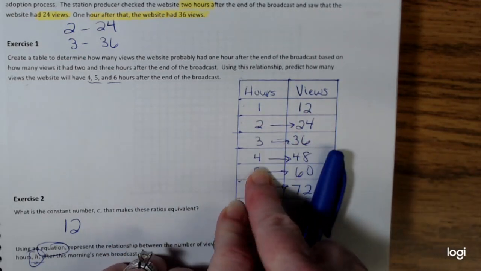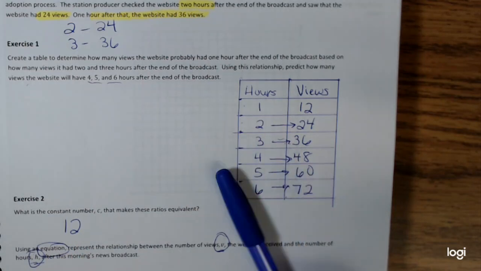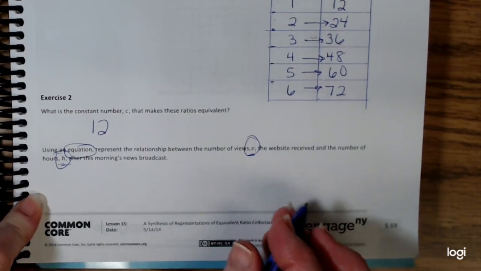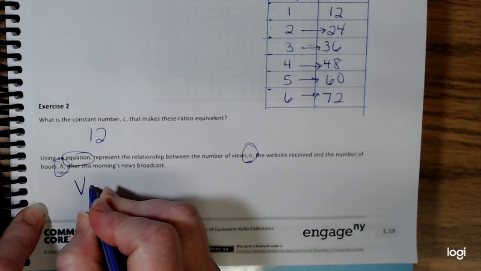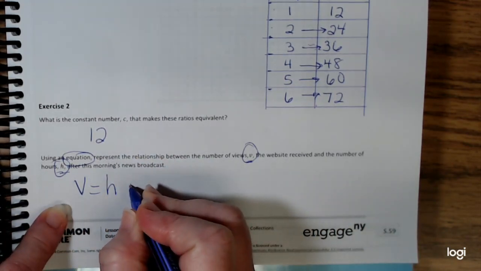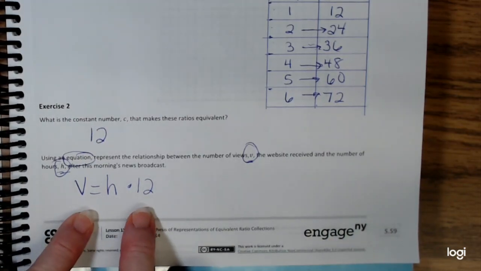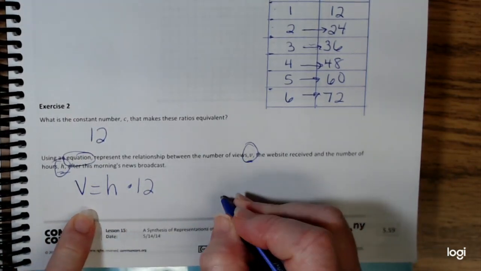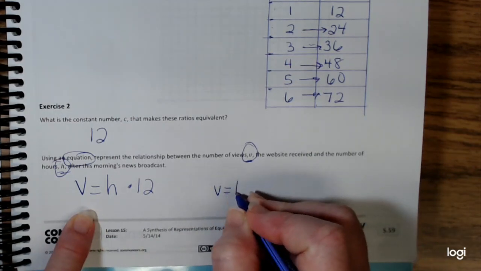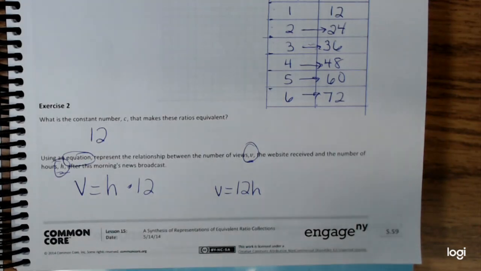So I'm taking anything in my hours column and I'm multiplying it times 12. And some of us remember, in order to do the A plus answer, we would say V equals 12H, because that means multiply. All right, very good. Let's go ahead and turn over to the next page.